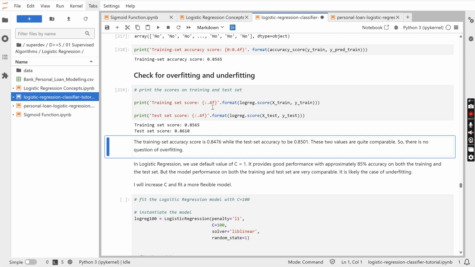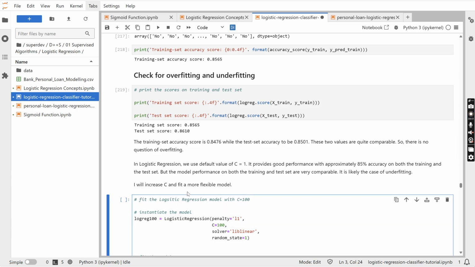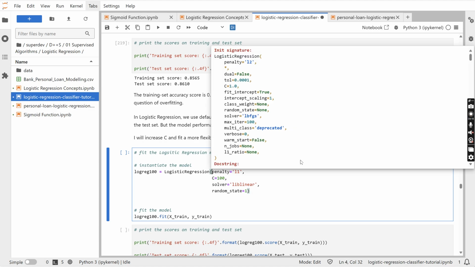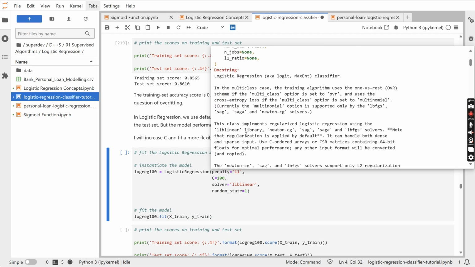Now let's just say the results were very different. Then you can also experiment with L1 regularization. Why? It will get rid of some of the unimportant features. So you can also tune the C value. If you just run here, C usually is 1.0.